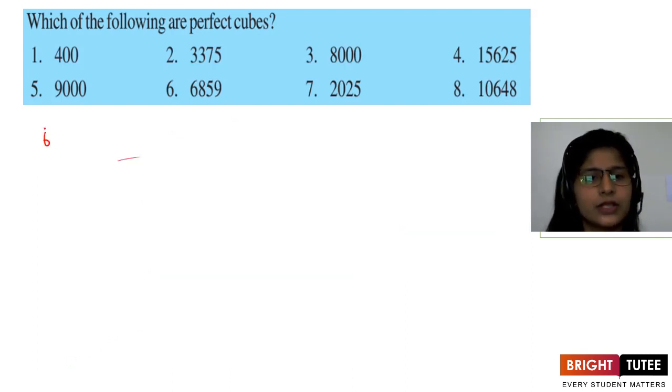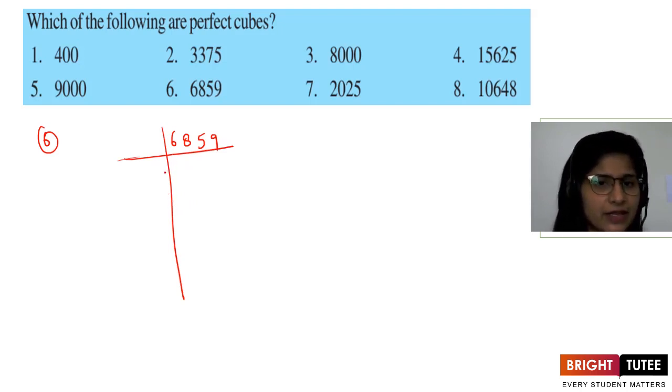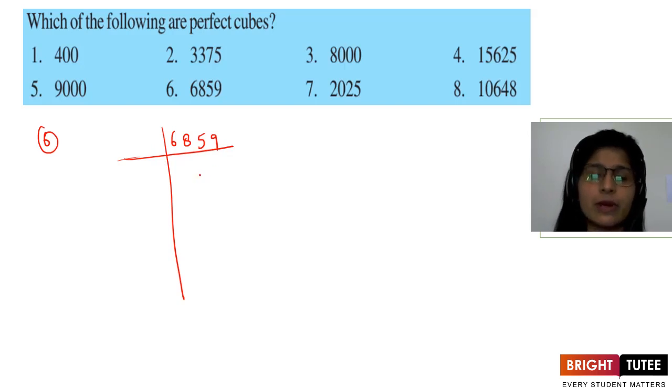So now we will try the next one. The sixth part is 6859. Let's start dividing it. We observe that this is not divisible by 2, not even by 3, not by 5, not by 7, not by 9. Try it out. 11 also it is not divisible, not with 13. Okay, it is divisible by 19.